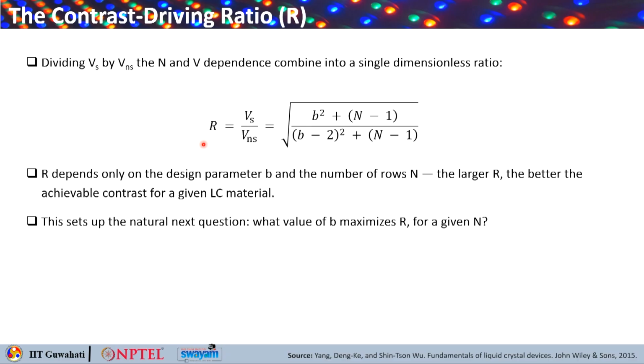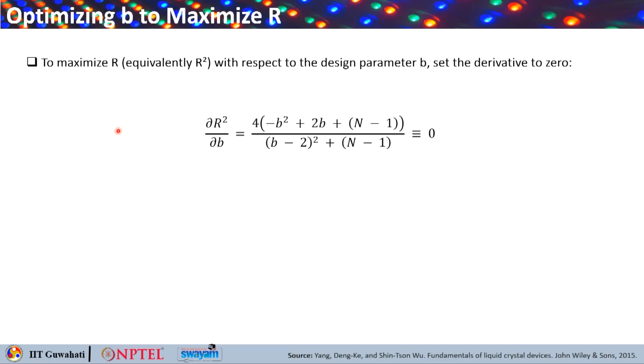So this sets up the next natural question: what value of B will maximize this R for a given capital N? How do you maximize R by optimizing B?